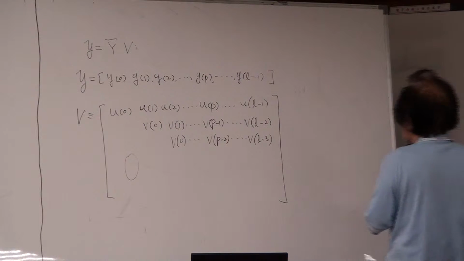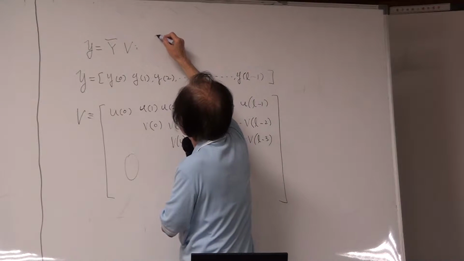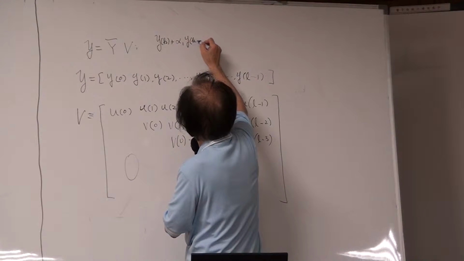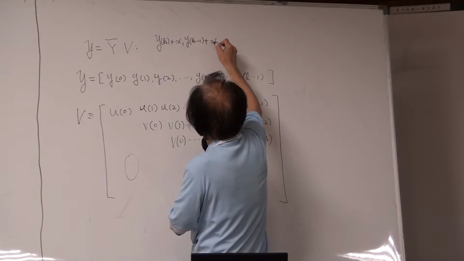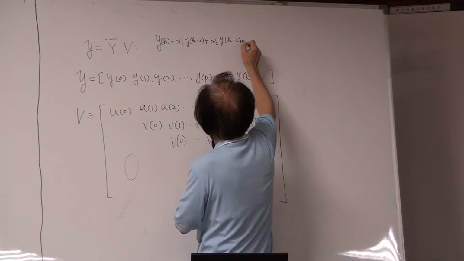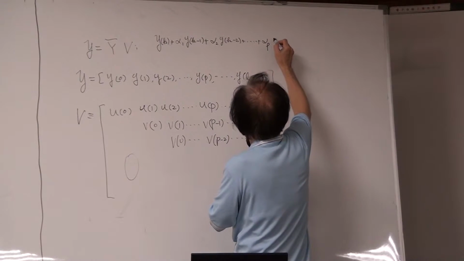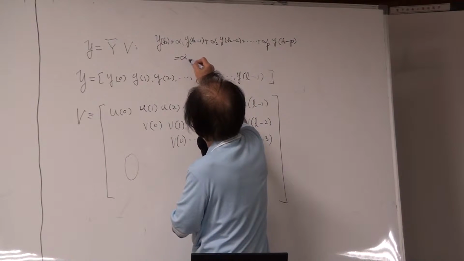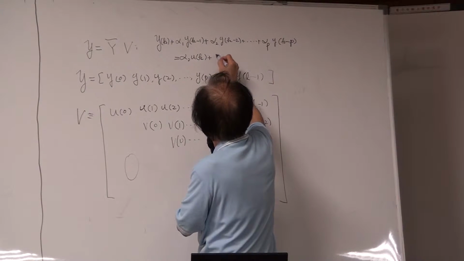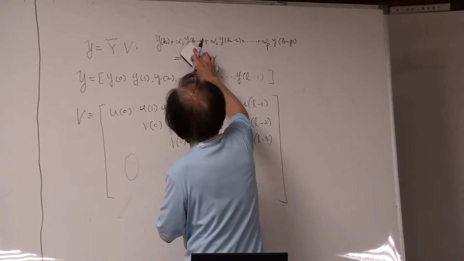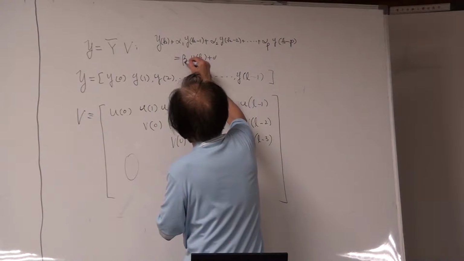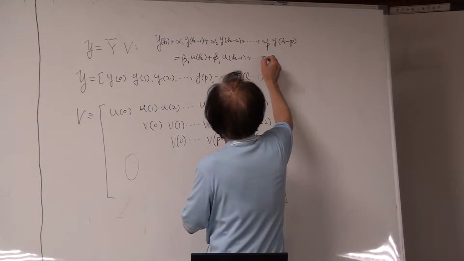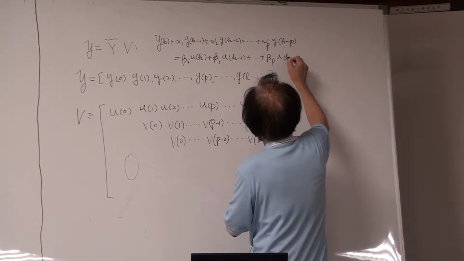And I need to write, we know that yk plus alpha 1 yk minus 1 plus alpha 2 yk minus 2 plus alpha p yk minus p equal to beta 0 uk plus beta 1 uk minus 1 plus beta p uk minus p.